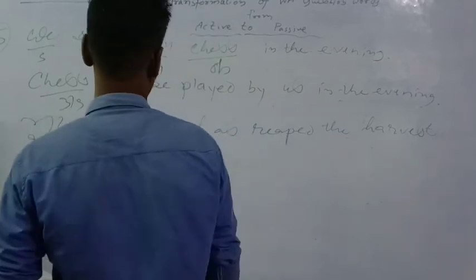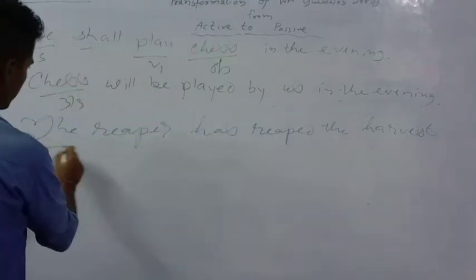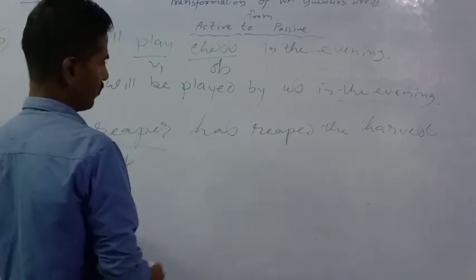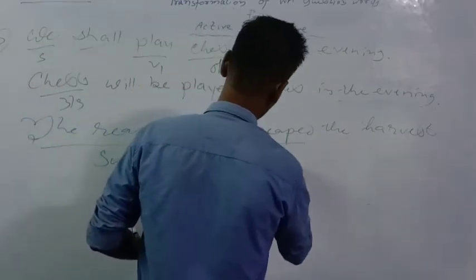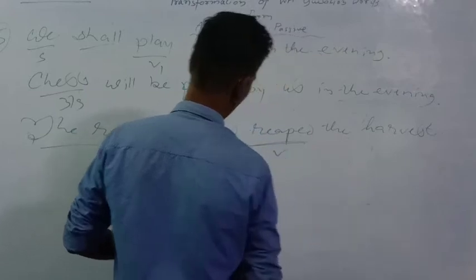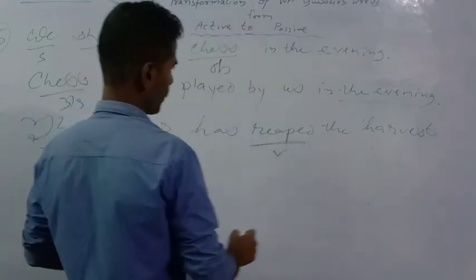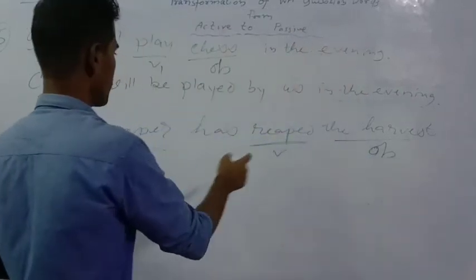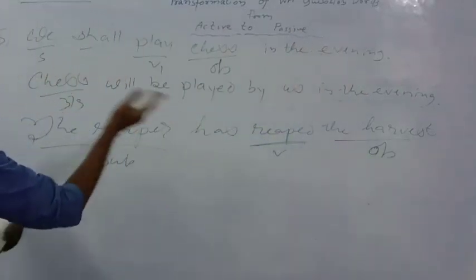Okay, so you are speaking about the reaper, that is the subject. Reaped is the verb. What has been reaped? The harvest. The harvest is the object. We got the subject, verb, object, so interchanging.